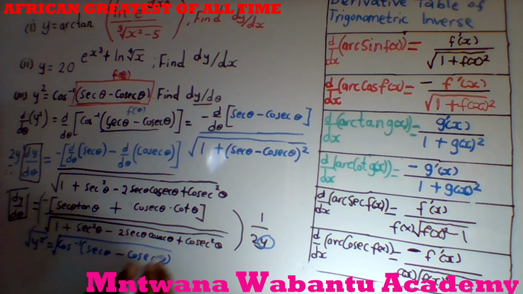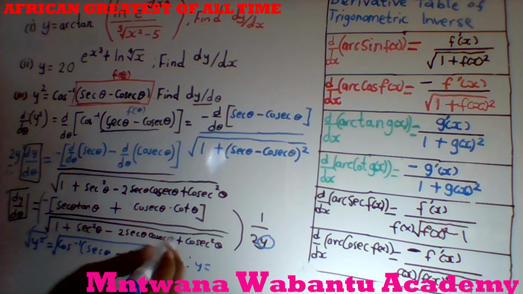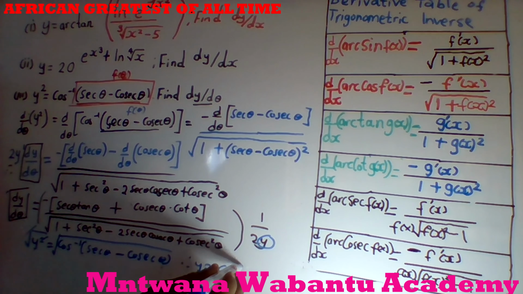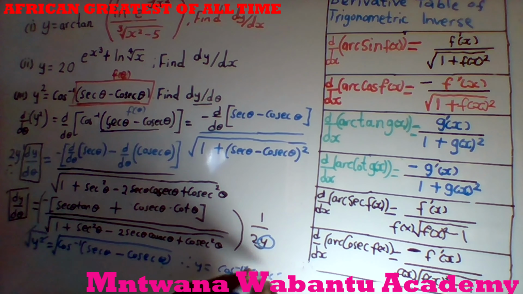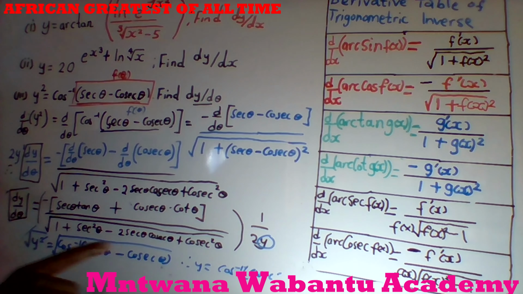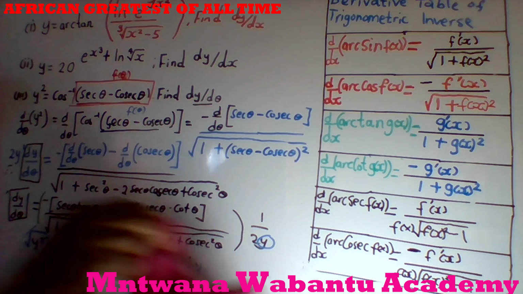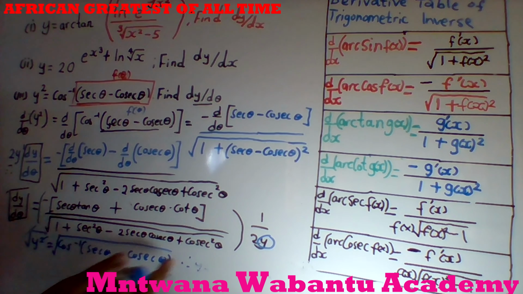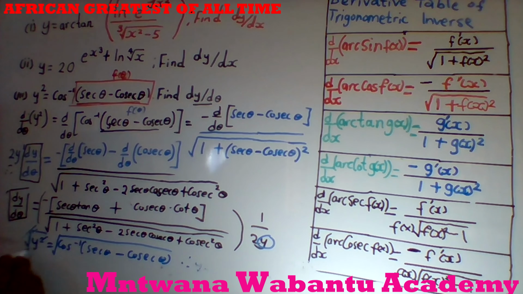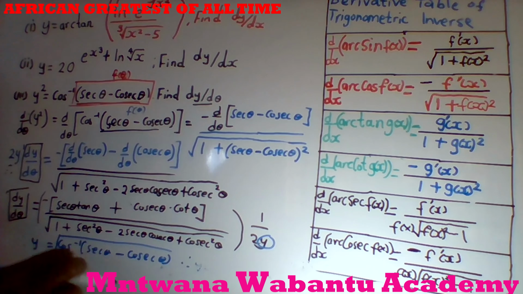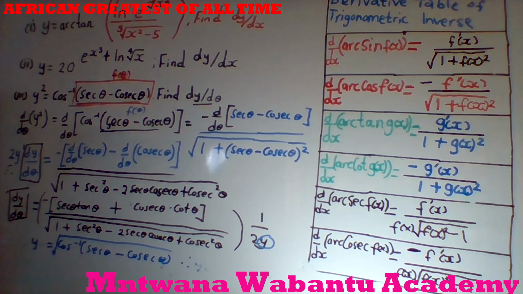So the value of y equal to cos inverse of sec theta minus cosec theta. I don't have to rewrite it again because this and this cancel, so this is the value only of y. So I'm going to eliminate this y and plug in this value, and that's the end of the equation.